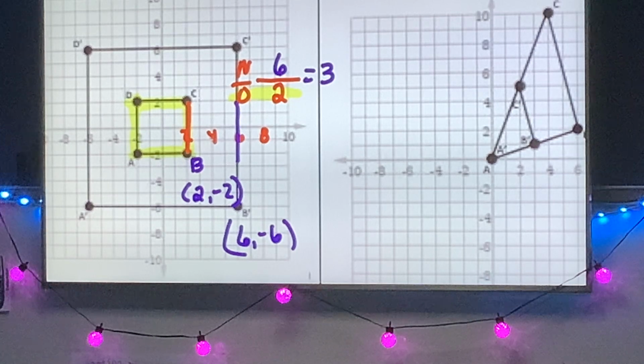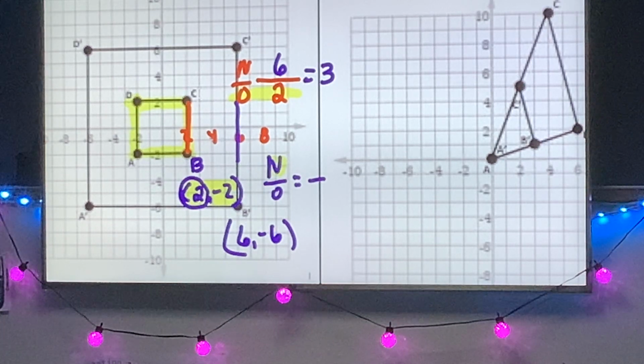I'm going to highlight my ordered pair of my original. Whichever number I pick, I'll put that on bottom. Would you rather use the +2 or the -2? Positive 2. Yeah, me too. So if I put new over original, and you want to use the positive, that's my X, so I use my X on my new one.